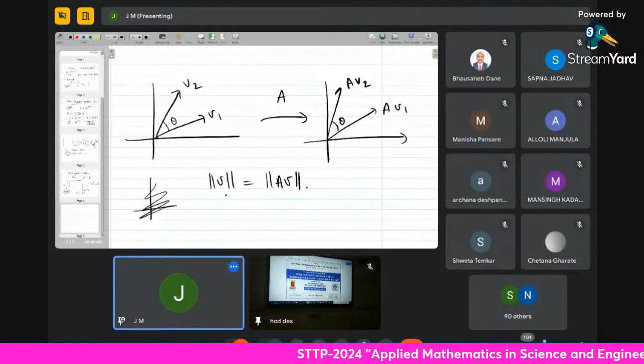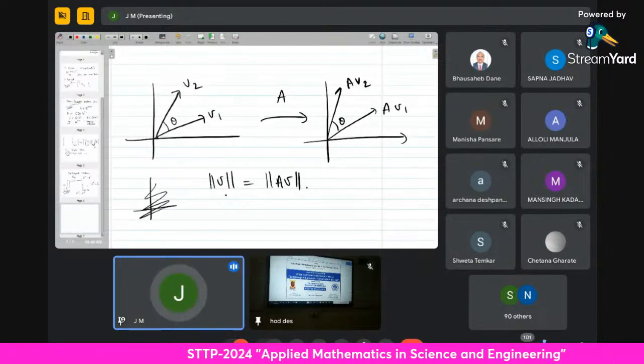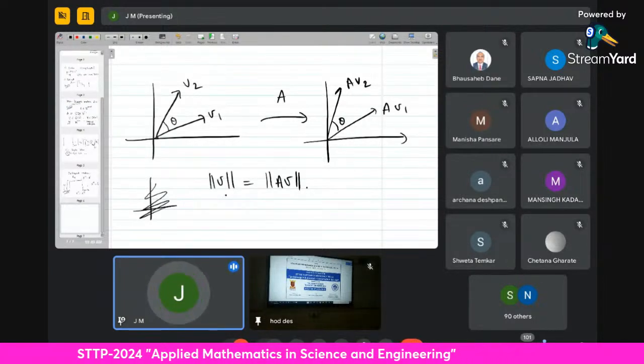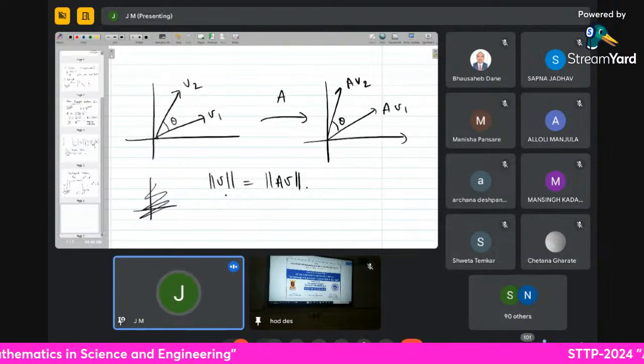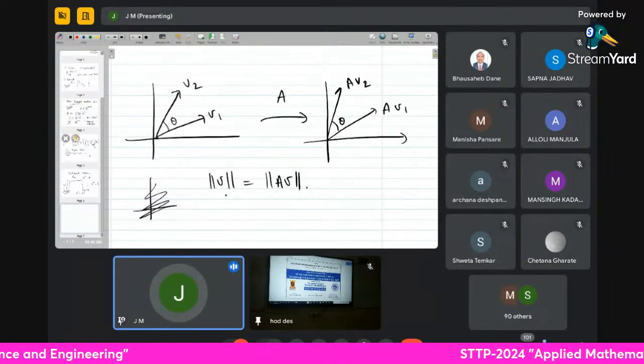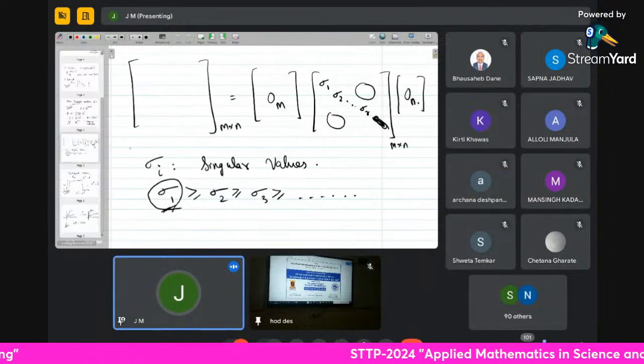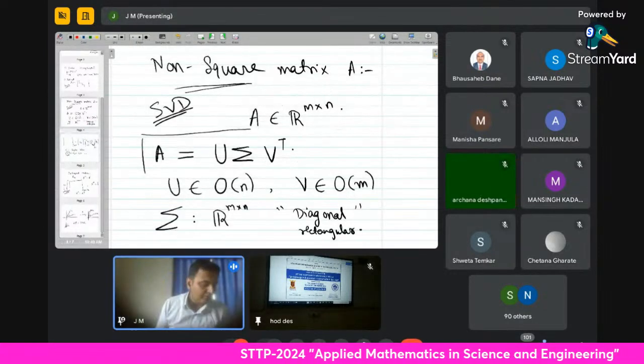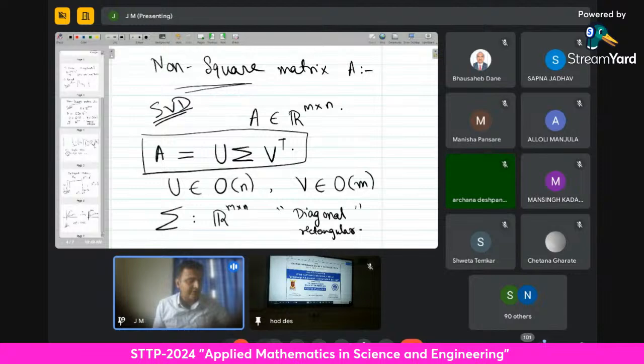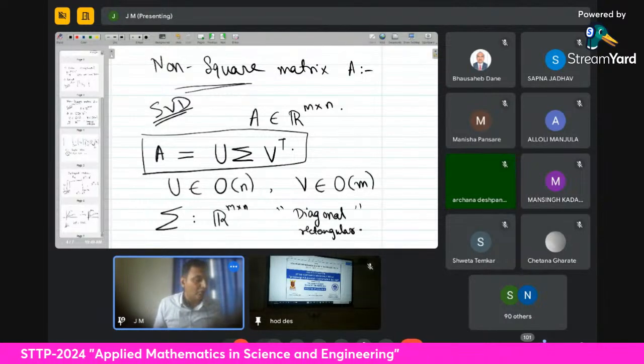So these are the two main reasons why, in the animation industry, or whenever some transformations are going on, people prefer orthogonal matrices. Okay, so we have this as the singular value decomposition for a given non-square matrix.